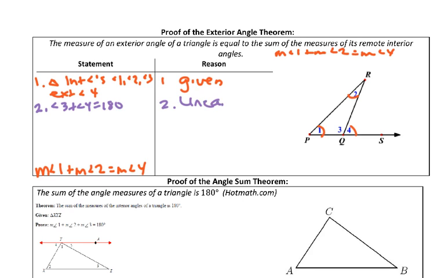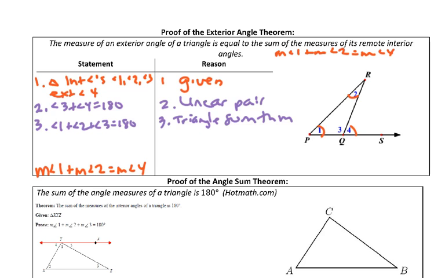Okay, hopefully you came up with it's a linear pair. I also know that angle 1 plus angle 2 plus angle 3 equals 180. Why? Because of the Triangle Sum Theorem. Okay, so I know that.